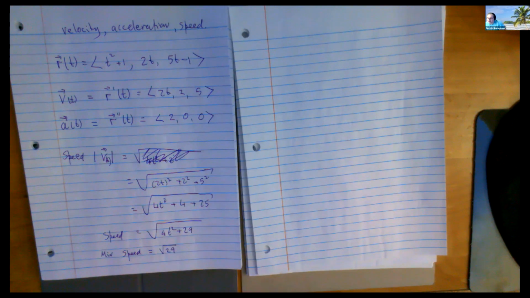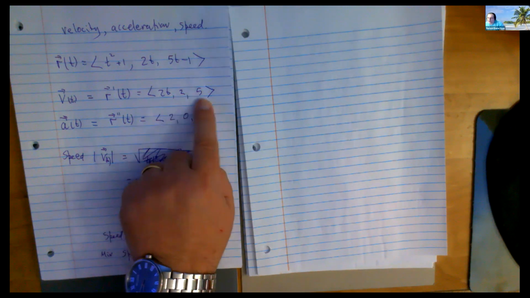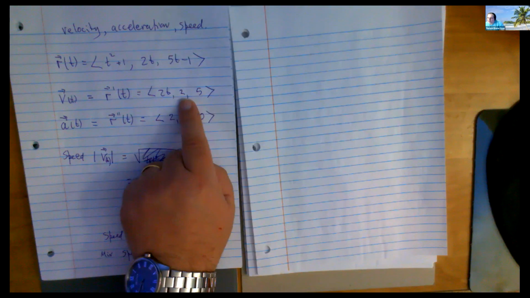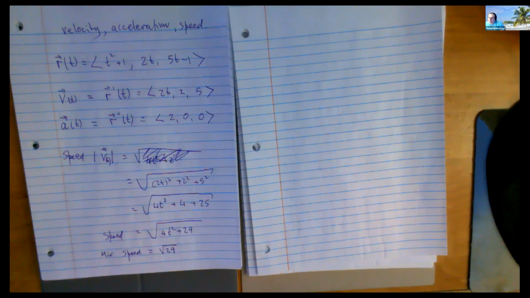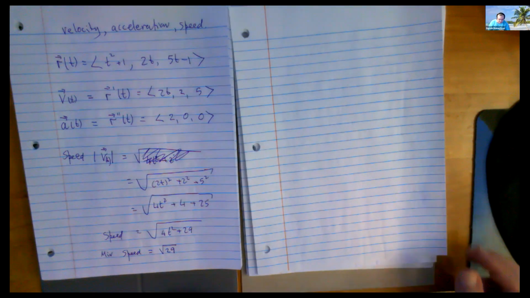And then as time travels, doesn't it just get faster and faster? But it's doing it in such a way that only the x direction in the movement actually gets faster. Don't the y and z stay pretty much the same number, 2 meters a second and 5 meters a second? So that object to me is traveling roughly in the x-axis direction, getting really fast. So that's a spaceship shooting off somewhere in one particular direction.